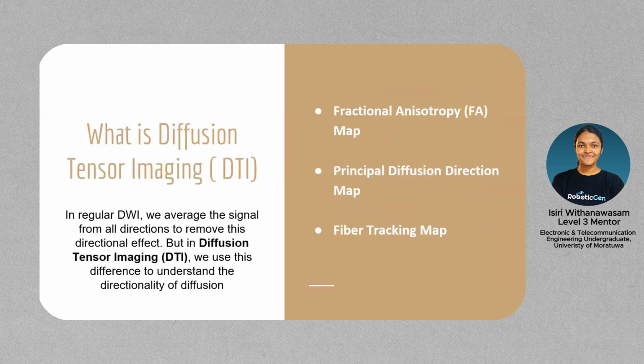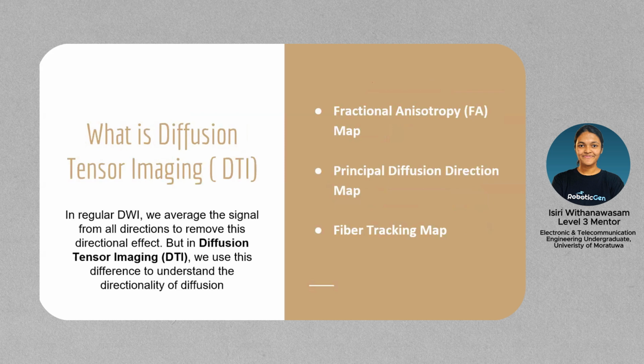Diffusion tensor imaging focuses on anisotropic diffusion. That means the diffusion happens in only one direction.